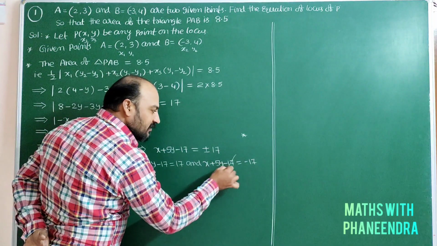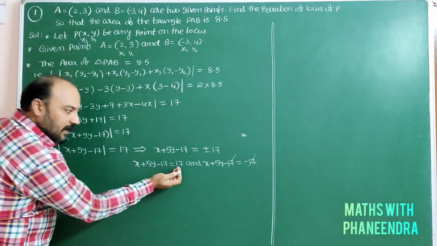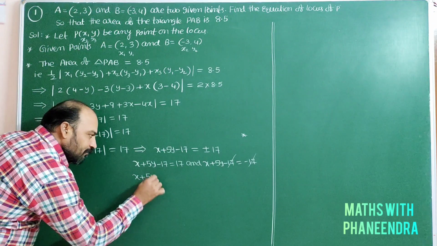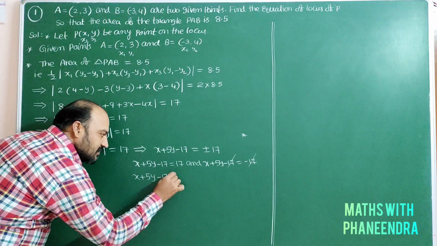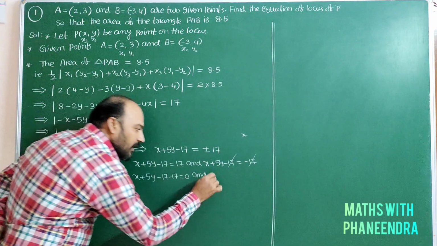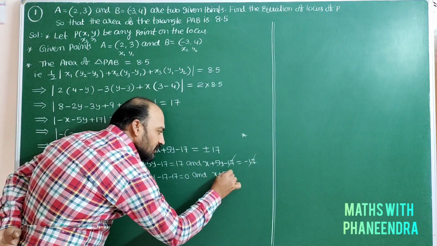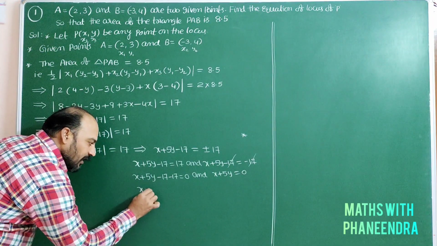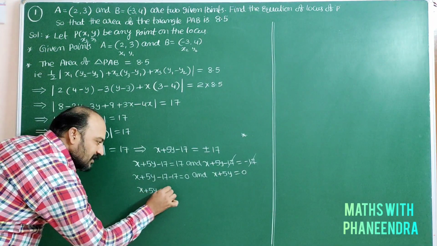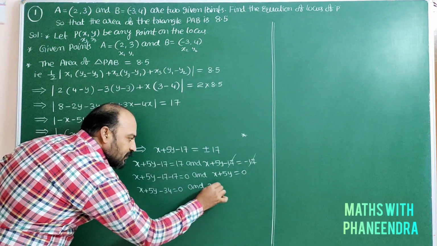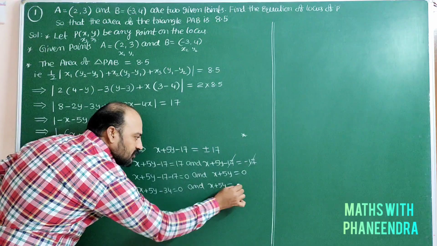In the first, 17 we take to this side, and in the second, both sides minus 17 cancel. So x plus 5y minus 34 equal to 0 and x plus 5y equal to 0.